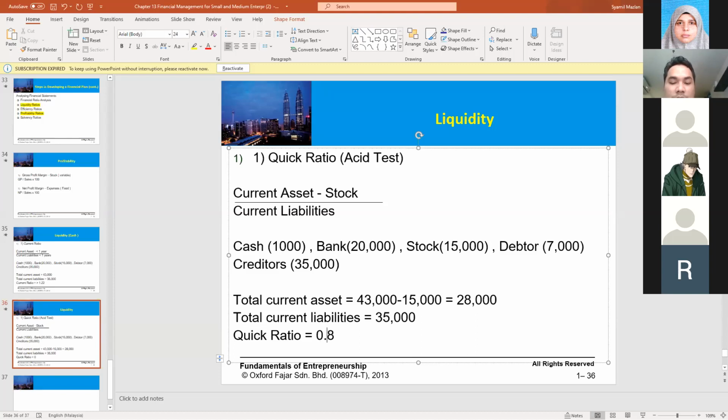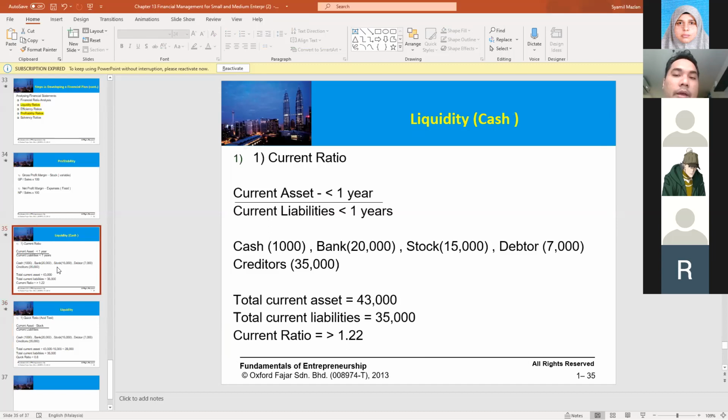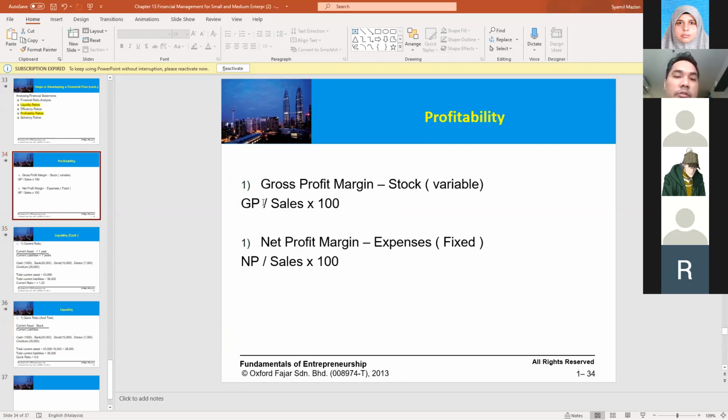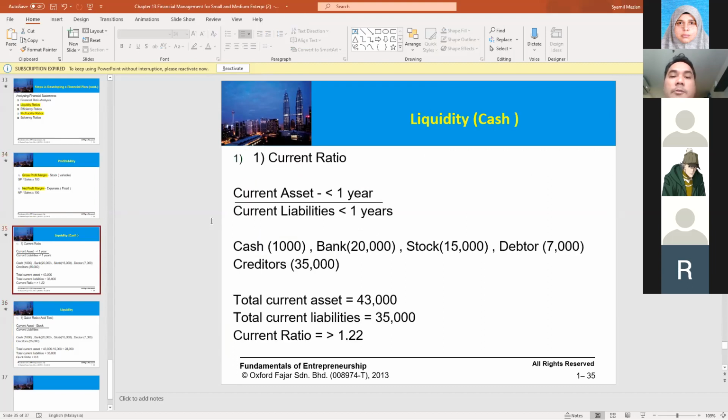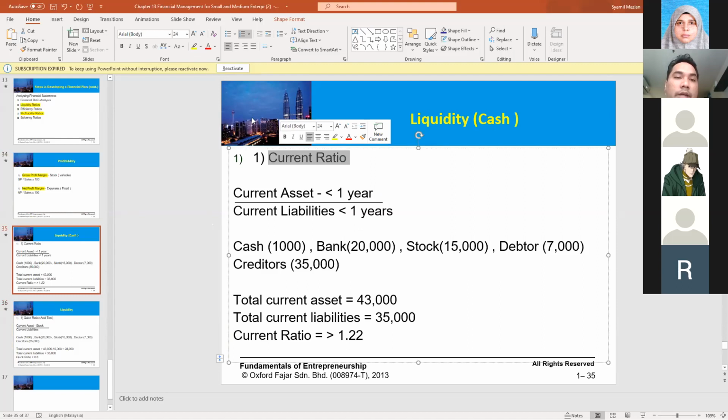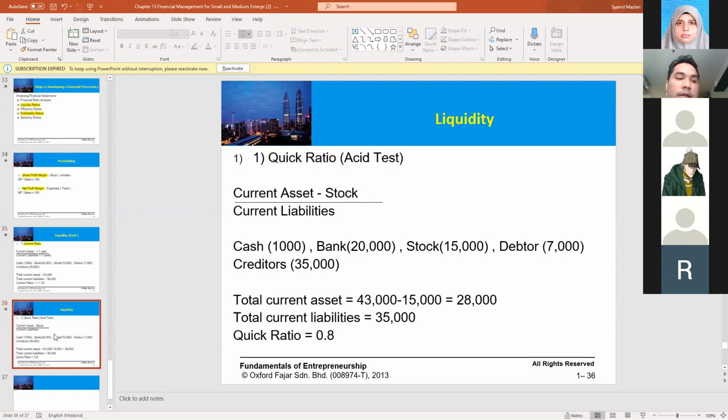Okay, 0.88. So the bank will oversee these criteria. The first is the gross profit margin, then your net profit margin, to see your net after minus the expenses, and then your current ratio, and another one is the quick ratio.